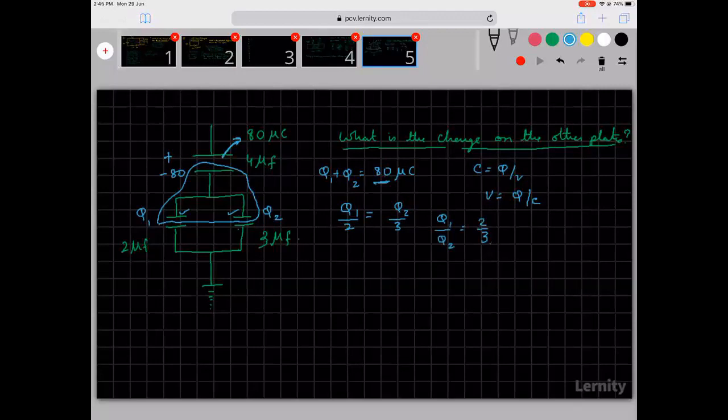So now this 80 will be divided in the ratio 2 to 3. So this will become 32 and this will become 48. Because this is minus, this will be plus. Because these are plus, this will be minus here. That means charge from here will be going this way. Yeah. So I hope it is understood.